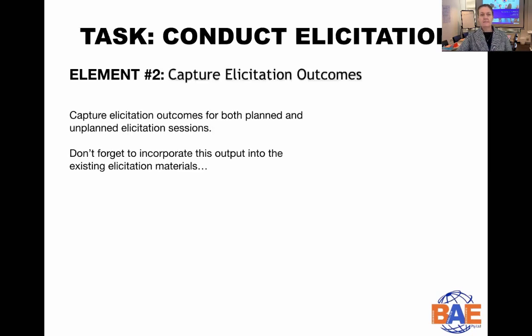So the second element of conducting elicitation is about capturing the elicitation outcomes. So make sure that you capture all of the outcomes for both the planned and unplanned elicitation sessions.